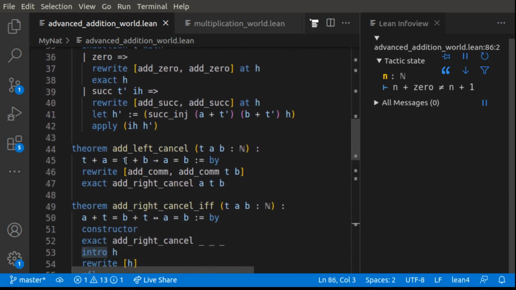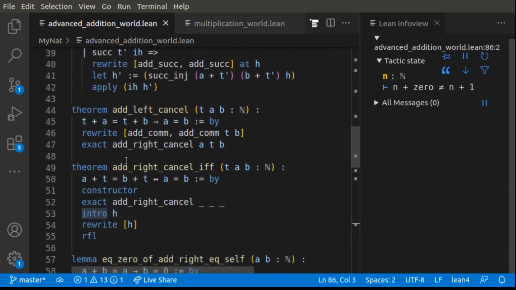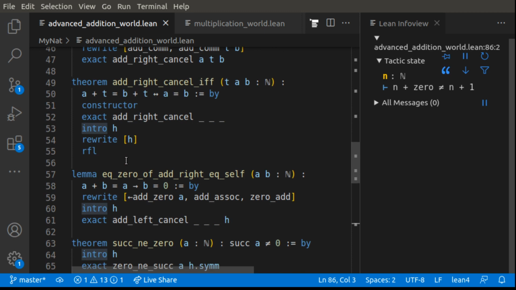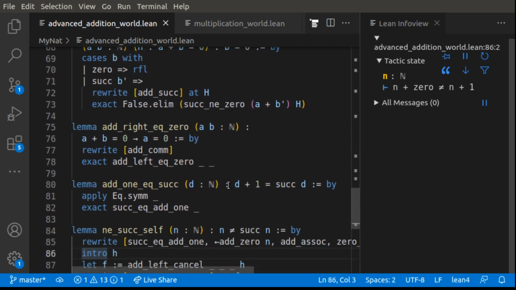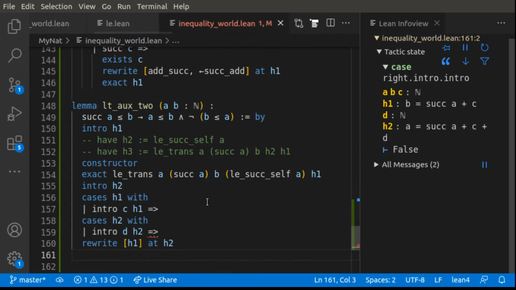Okay, we can left cancel the a to get 0 on both sides. I think that's the way to do it. So a plus b equals a implies b equals 0. Okay, I think we want to left cancel everything until we're just left with 0 on the sides.